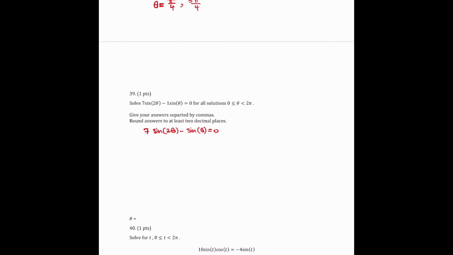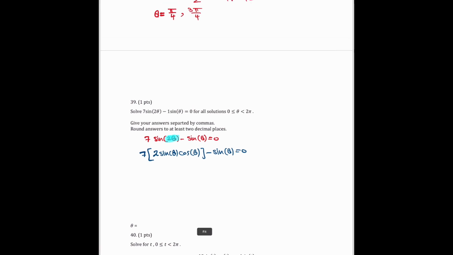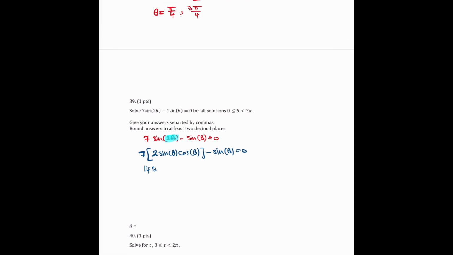I don't like this double angle here, so I need to rewrite this as a single angle. 7 sine 2 theta is equal to 14 sine theta cosine theta, minus sine theta equals 0.